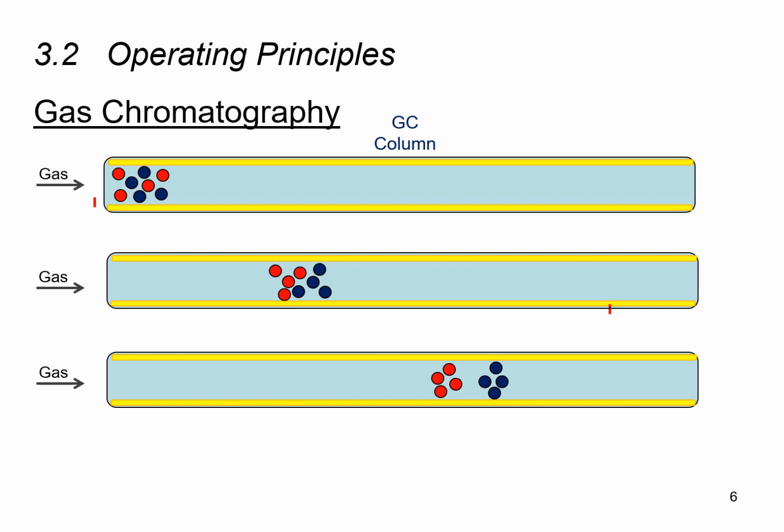So the column we see as essentially a hollow tube that has an inner coating of sorts, typically some sort of polymer that the gaseous molecules will interact with.